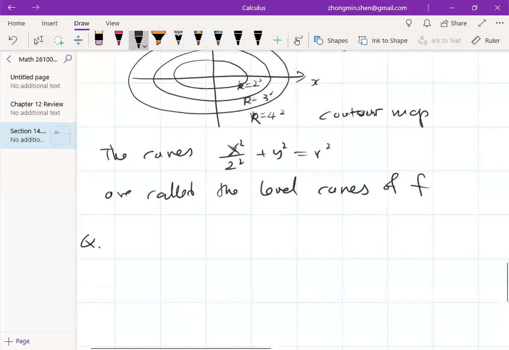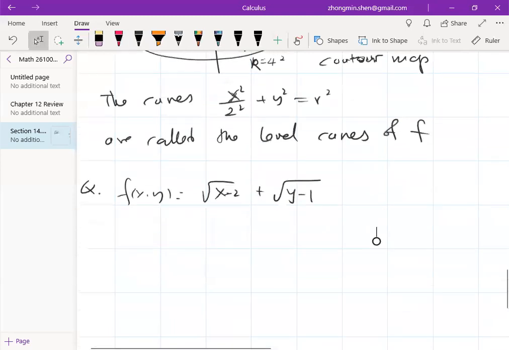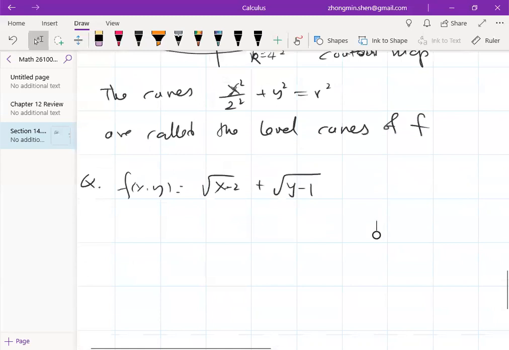I'm going to take a look at number 13. I'm not sure this is a homework problem now. The function is the square root of x minus 2 plus the square root of y minus 1, right? The question is: find the domain of the function and then sketch the graph if possible. Sketch the graph. Now find the domain.